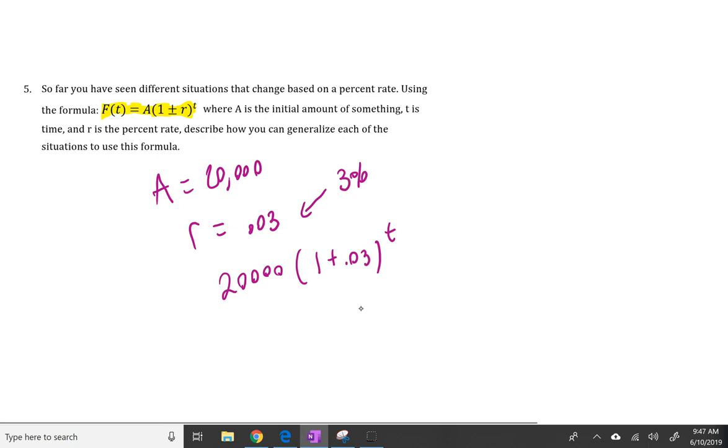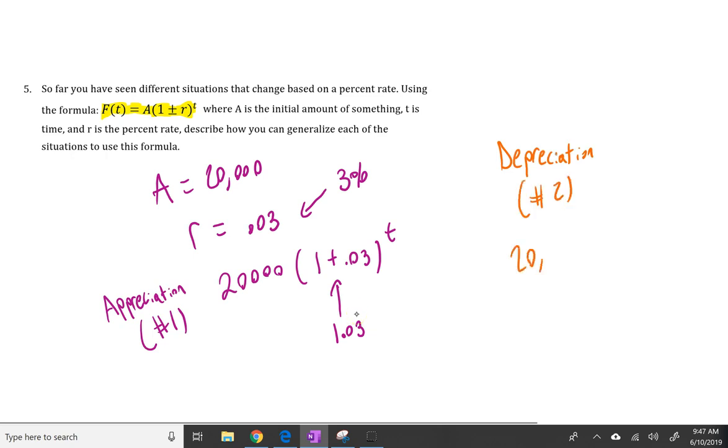And that's where we got the 1.03 from. So that was for the appreciation in problem 1. For the depreciation in problem 2, we still did 20,000, but it was times 1 minus 0.03 to the t power. And that's how we got 0.97. So this formula is a way of summarizing that process in a more formulaic way if you prefer.